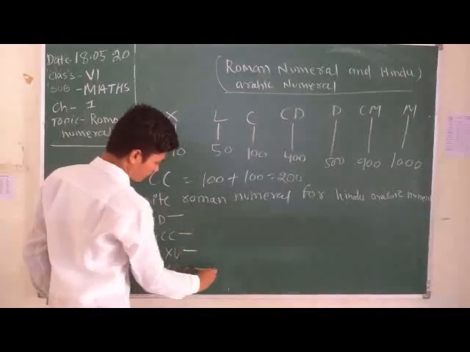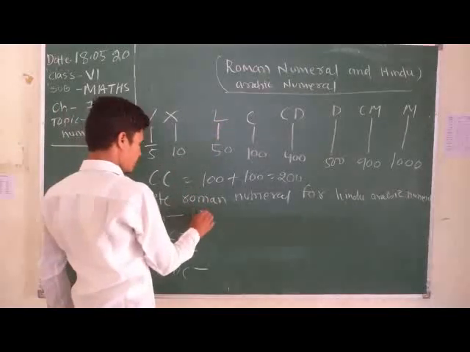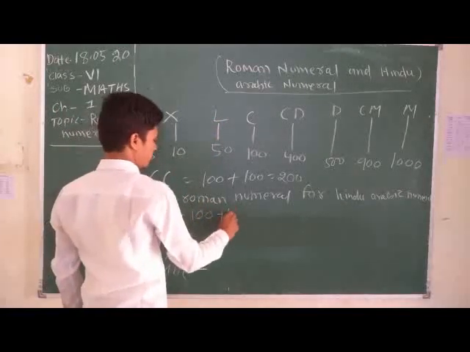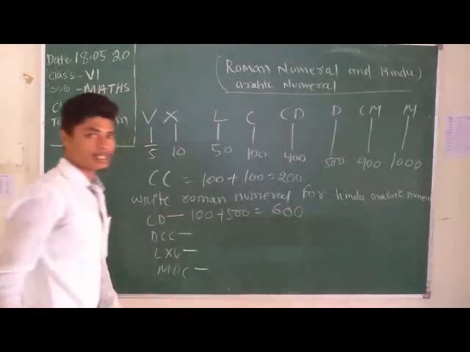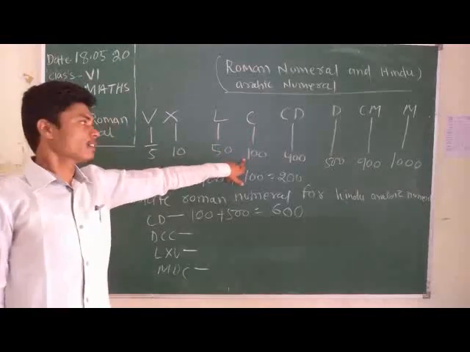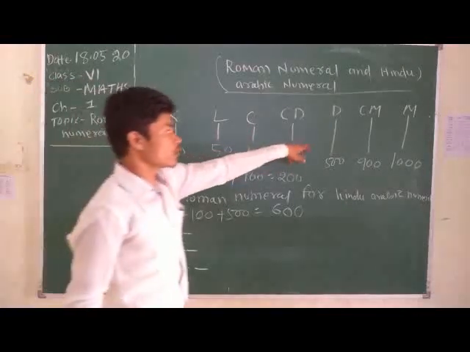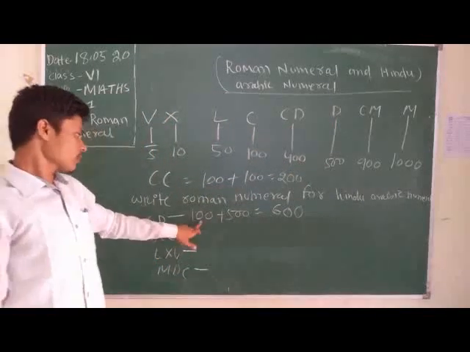Easily see. CD: we know C equals 100, D equals 500, so 100 plus 500 equals 600. C means 100, D means 500.